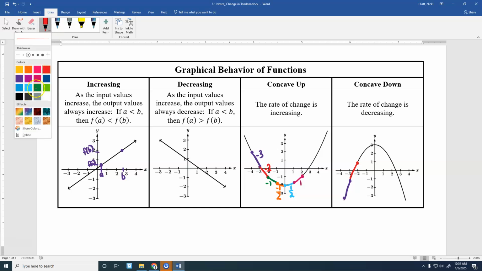And then, I'm trying to use more of my colors. We got this. And then here. And then here.